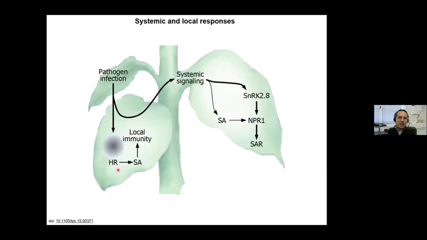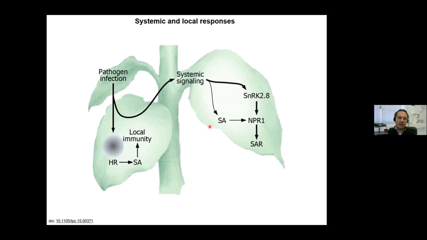So this recognition and the responses do not only happen locally, they also occur systemically. You might have a leaf getting infected, you have local responses, but then signals are transported throughout the whole plant, basically warning the other tissues: take care, there is an attack ongoing on the body. This signaling is called systemic signaling.